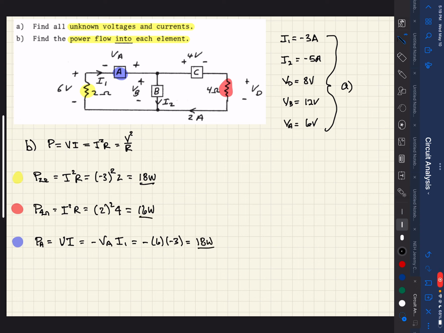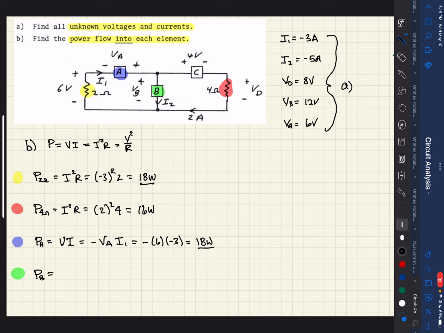All right, so we're making pretty good progress now. So now we want to look at this component B. Excuse me. So the power for B, what do we know about B?